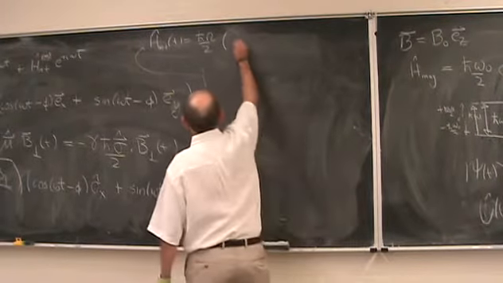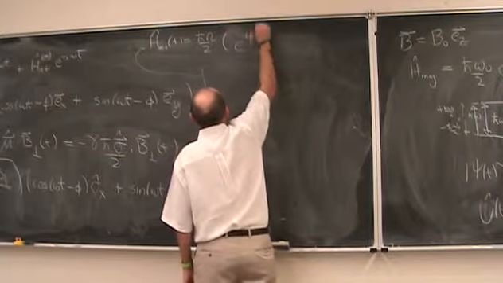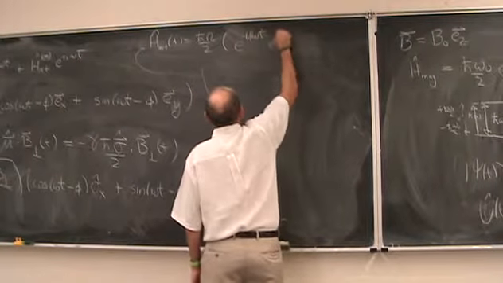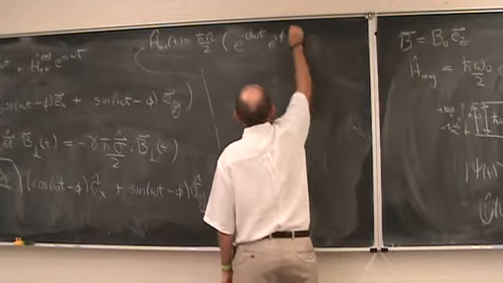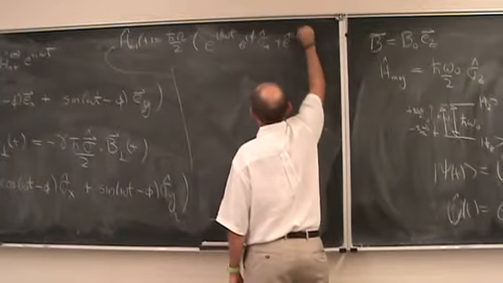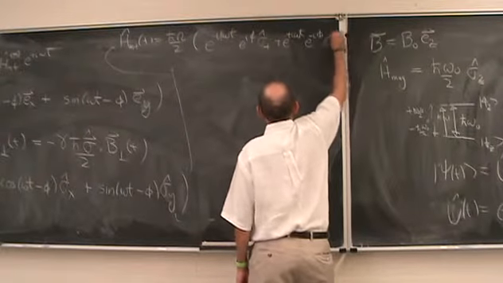Put it all together, and this is what you get: e to the minus i omega t e to the i phi sigma plus, plus e to the plus i omega t e to the minus i phi sigma minus.